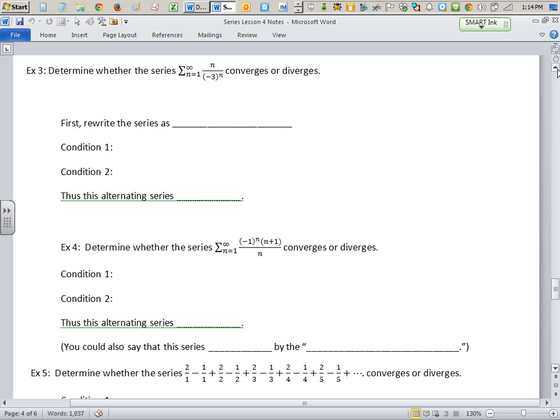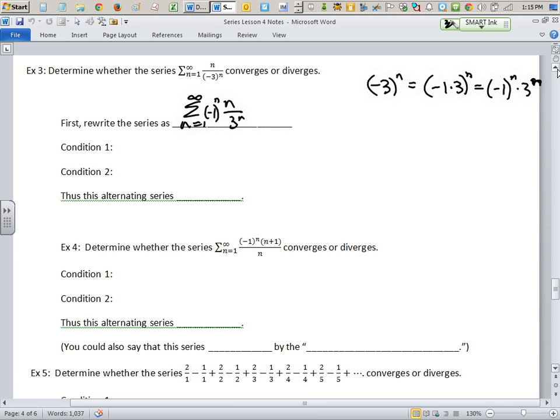Well, the alternator is a little hard to find. So I suggest we write this problem like this. And then we'll just put the minus 1 to the n over here. It doesn't matter where we put the minus 1 to the n. Remember, negative 3 to the n is the same thing as negative 1 times 3 to the n, which in turn is negative 1 to the n times 3 to the n, right?